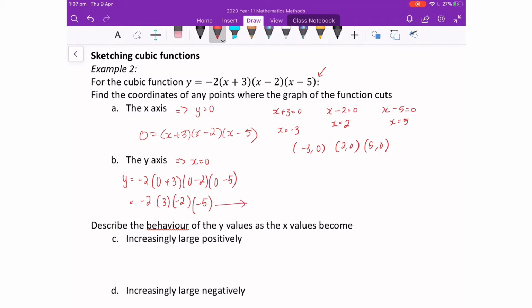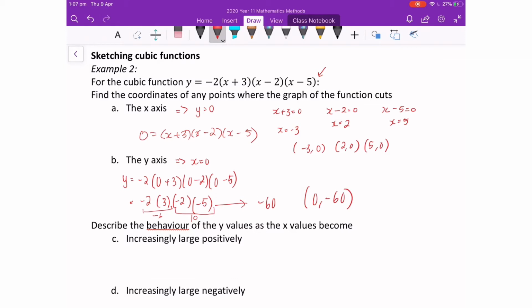So -2 times 3 is -6. And then I've got -2 times -5 is just +10. -6 times 10 is -60. So it's telling me that my y-intercept is (0, -60).